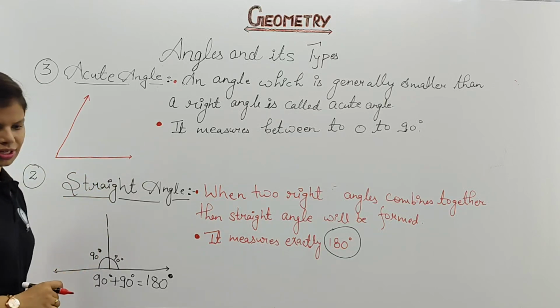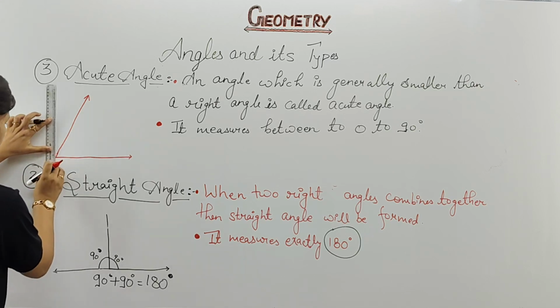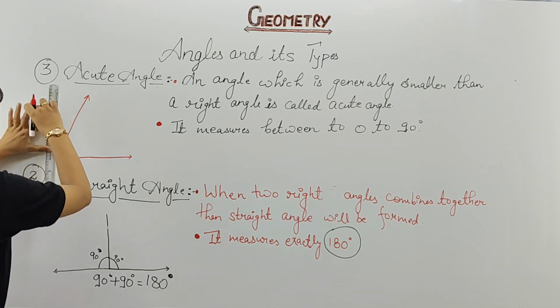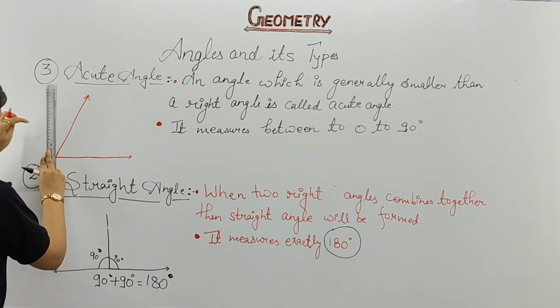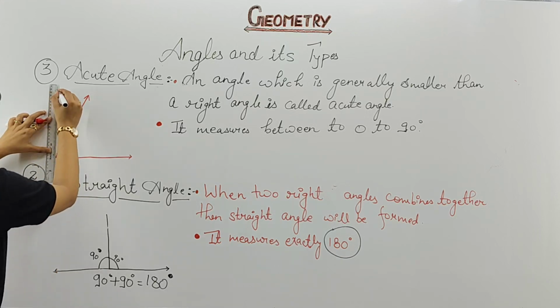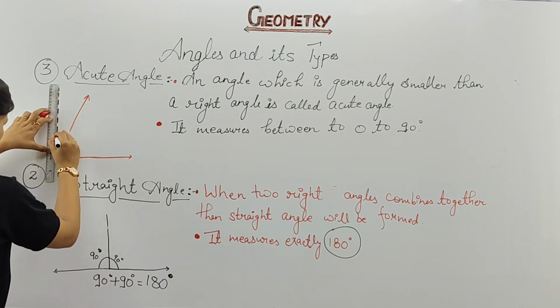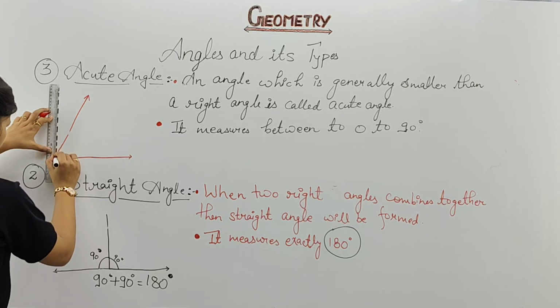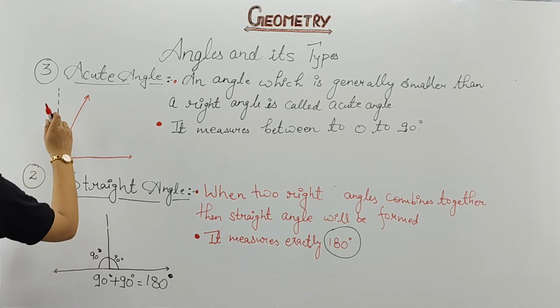Now, when you are going to put your scale, you can see from here that when you are putting this scale here, it will form your straight. Straight means what? When it will be straight, that will be your right angle. So, when I draw a straight line with the help of scale, I have noticed the angle which I have drawn with red color marker is less than this black one.